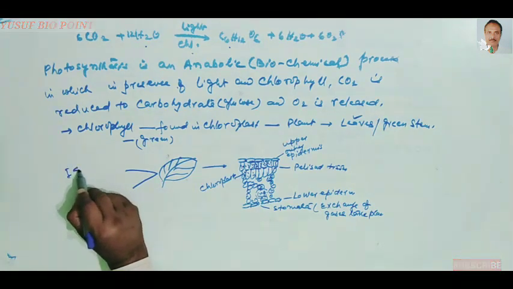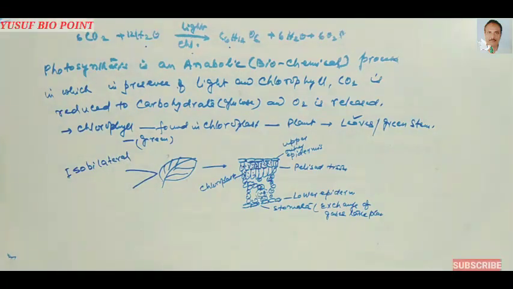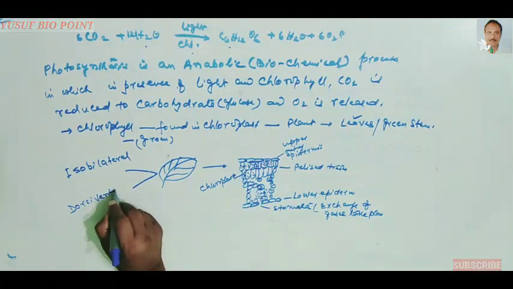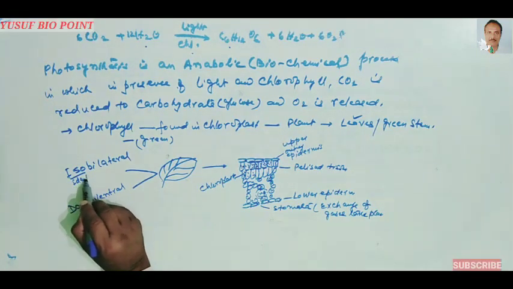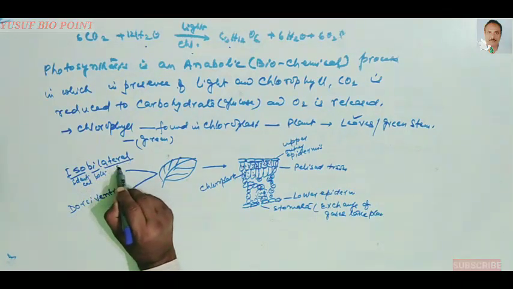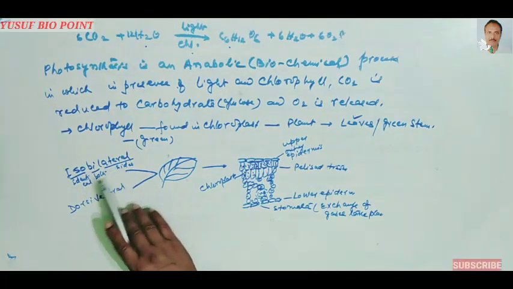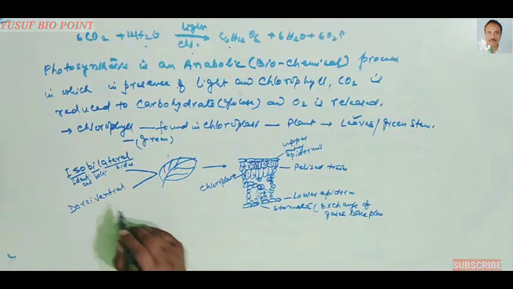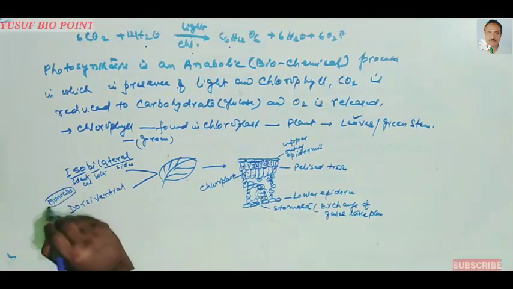One thing you see is that leaves are of two types. One is isobilateral, the next is dorsiventral. Iso means identical, bi means both, lateral means sides, meaning such types of leaves where both sides are the same, for example in paddy and maize, meaning in monocots.